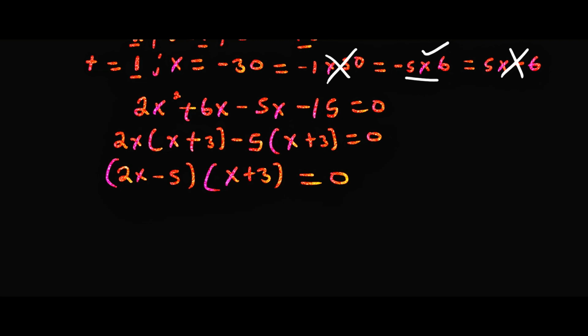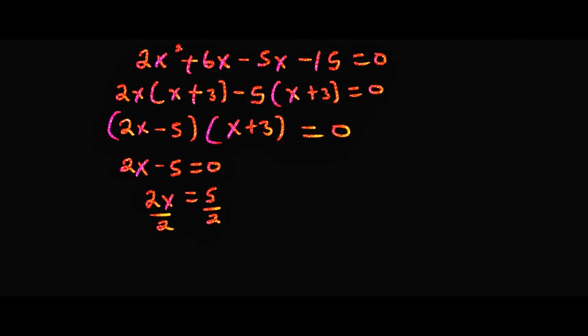If we take 2x minus 5 to be 0, then we'll have 2x being equal to 5. We divide both sides by 2, and we realize that x is 5 over 2, which is the same as 2.5.